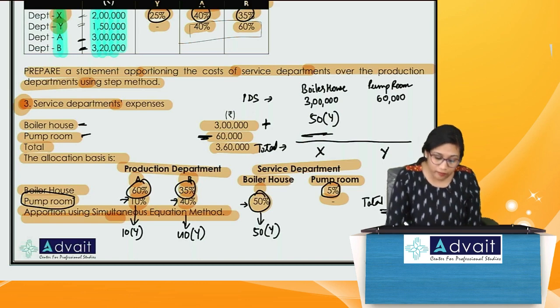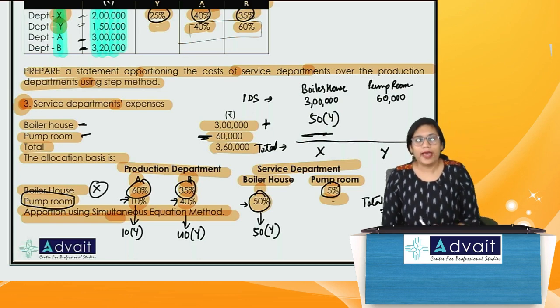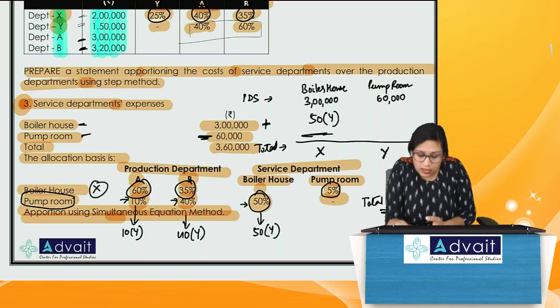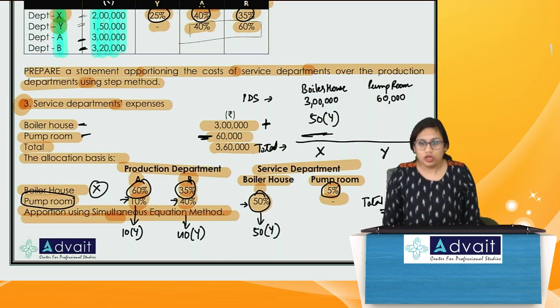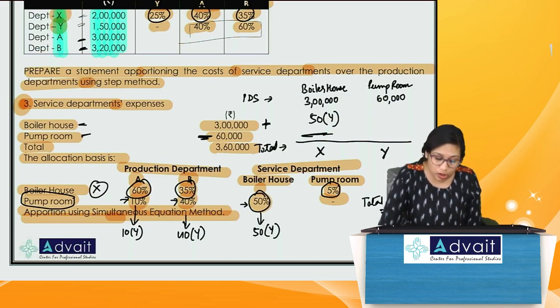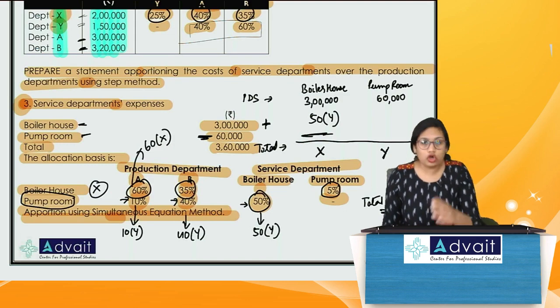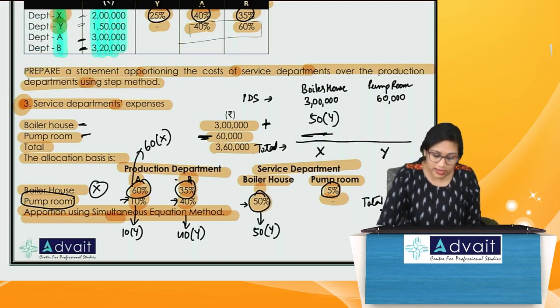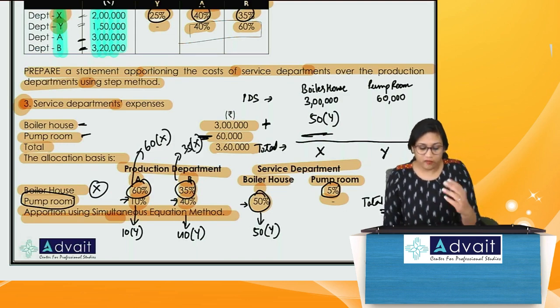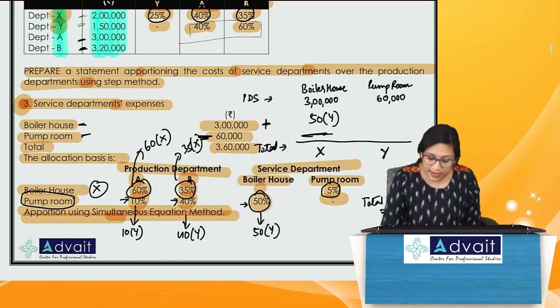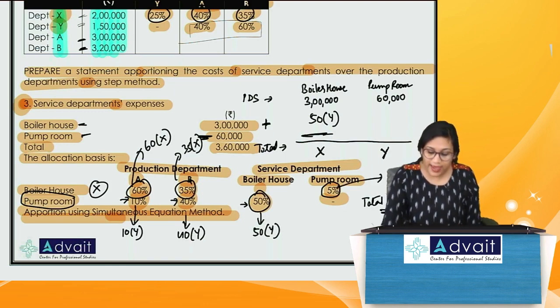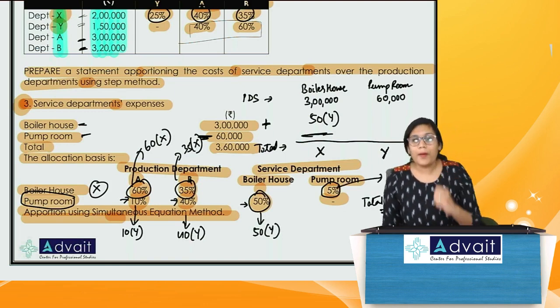Boiler house will give on the total only, right? And I don't know the total. I assume the total to be X. So 60% of X will go to A. 35% of X will go to B, and guys, 5% of X will go to pump room.